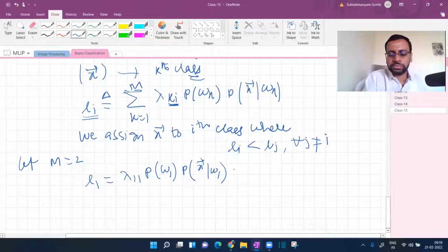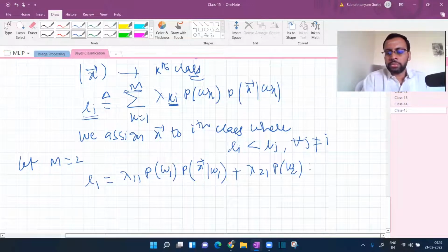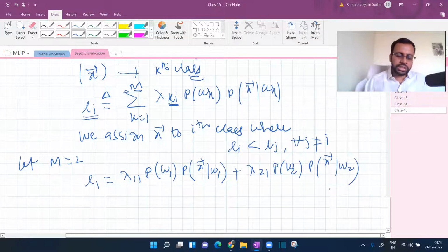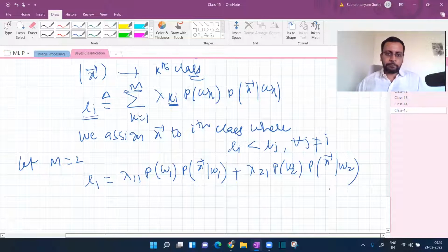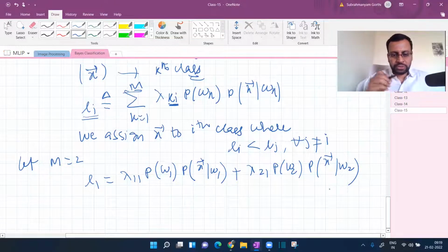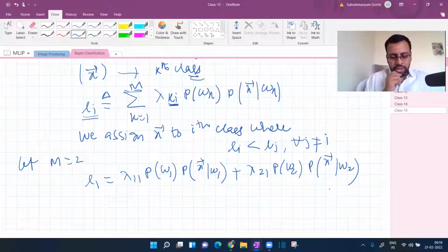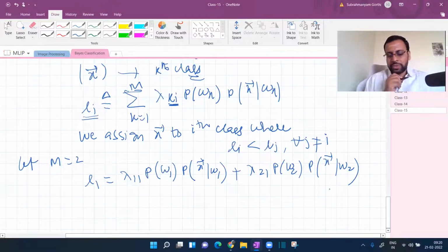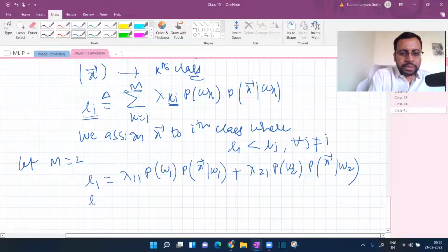Plus lambda 2 1, probability of omega 2, into probability of x bar given omega 2. Okay, this is the penalty that is associated if you are assigning the given x bar to class 1. Now similarly you tell me L2.